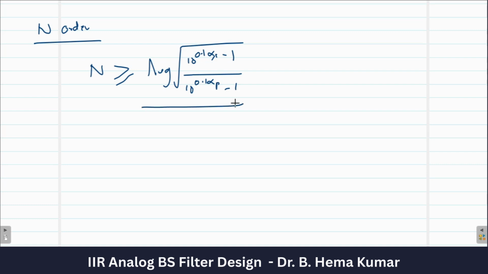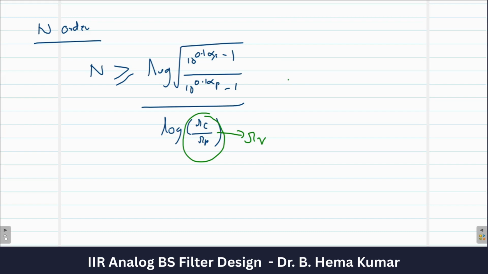The formula is n greater than or equal to log of square root of (10 power 0.1 alpha s minus 1) divided by (10 power 0.1 alpha p minus 1), divided by log of omega c by omega p. The important thing to note here is that omega c by omega p is nothing but omega r.